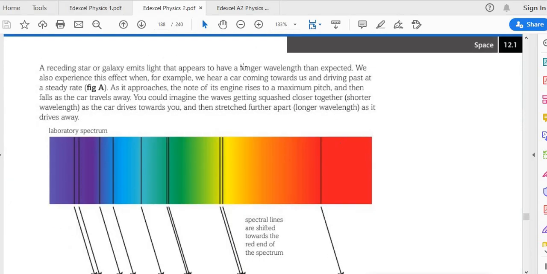Okay, so now let's apply this for stars. Receding means moving away. A receding star or galaxy emits light that appears to have a longer wavelength than expected. We also experience this effect, for example, when we hear a car coming towards us and driving past at a steady rate. As it approaches, the note of its engine rises to a maximum pitch.